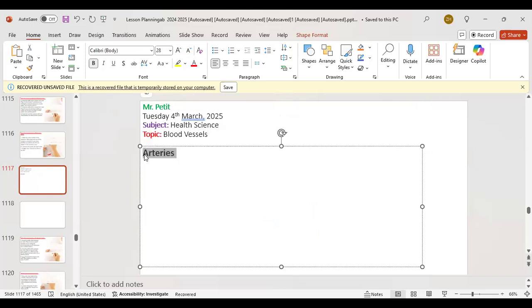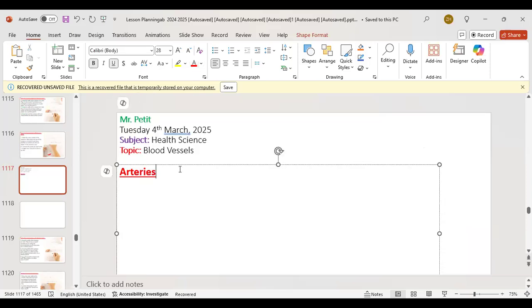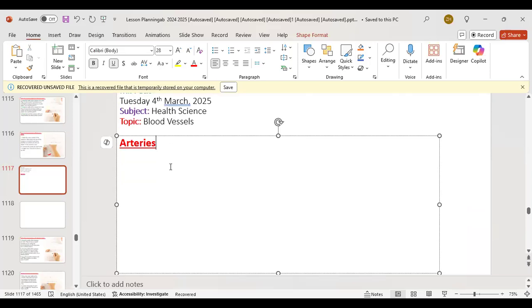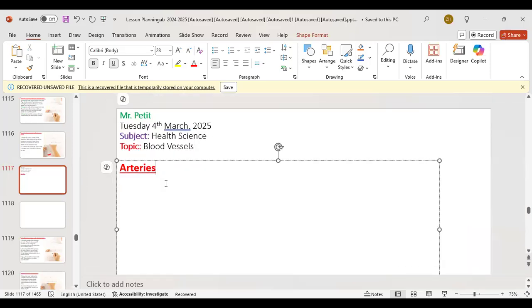Arteries carry blood where? Away from the heart. Very good, Jada. They carry blood away from the heart. A for away. Okay, write this down for me, please.